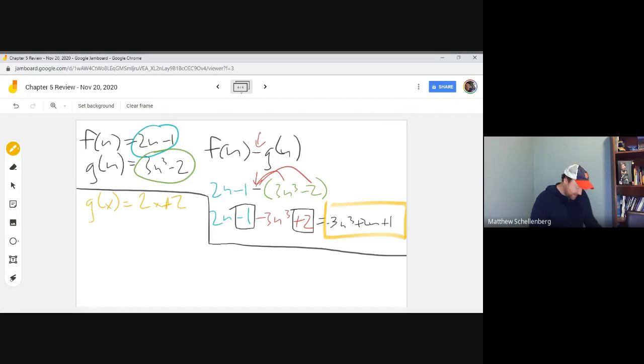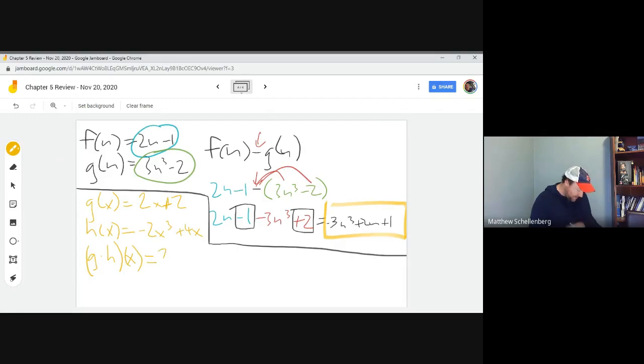And h of x equals negative 2x cubed plus 4x. Negative 2x cubed plus 4x. And they want to know what is g times h of x.